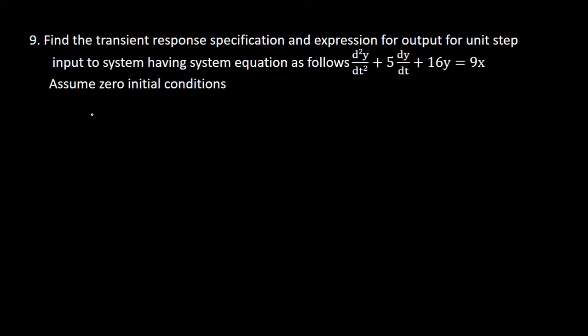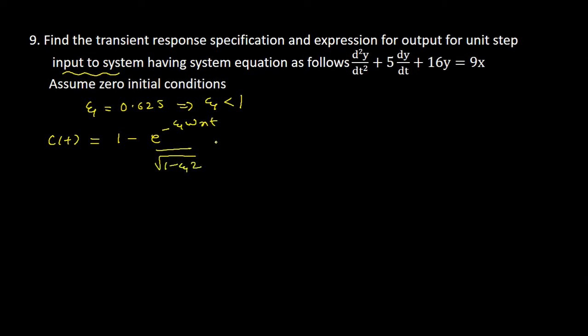Now we have to find the output for unit step input. We found the damping ratio zeta is equal to 0.625. That means here zeta is smaller than 1. Therefore, the equation for the output response c(t) for zeta smaller than 1 is equal to 1 minus e to the power minus zeta omega n t divided by under root 1 minus zeta square into sine of omega d t plus theta.